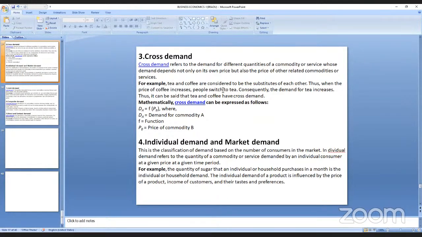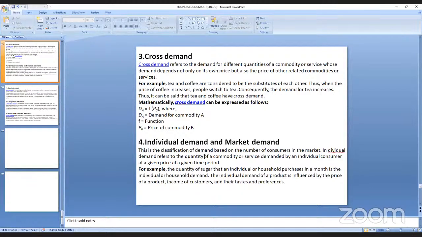Okay. Now, cross demand. Cross demand means what? Cross demand refers to the demand for different quantities. It is intercross: a service whose demand depends not only on its own price, but also on the price of related goods. For example, tea and coffee. These two are substitutes for each other.